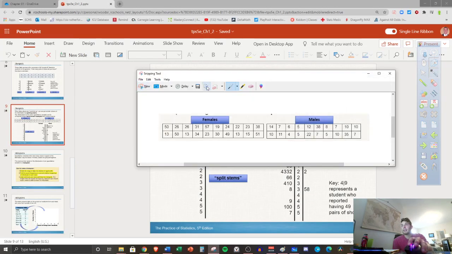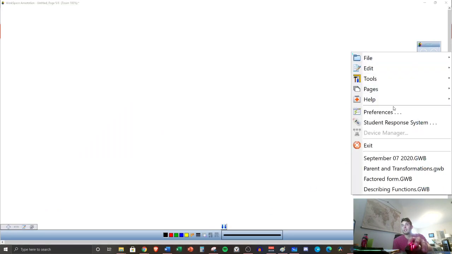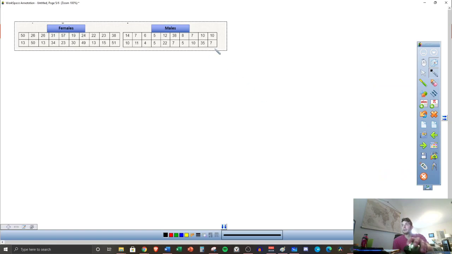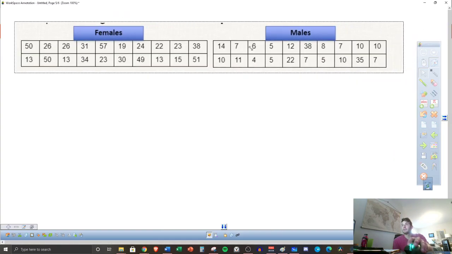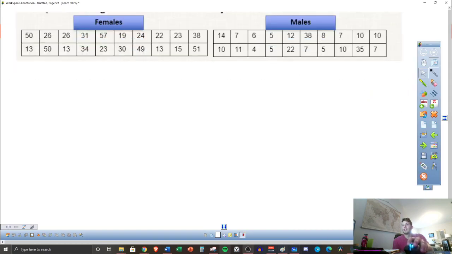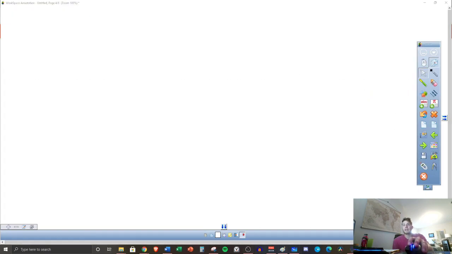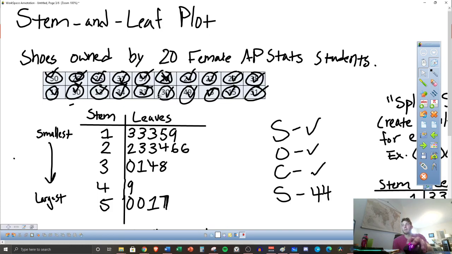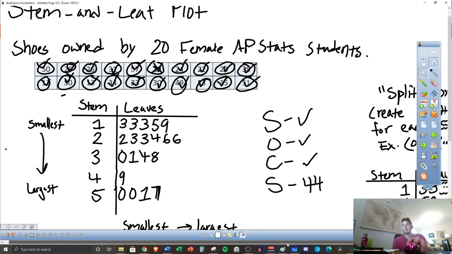So we have our data here. I'm going to copy a couple things into this. So we're going to add males to this, so males and female shoe data. And let me go back and grab my original stem plot. Actually, I want this new one here.